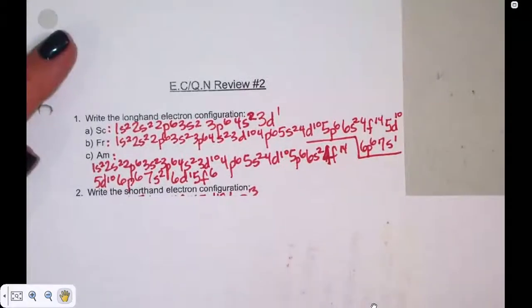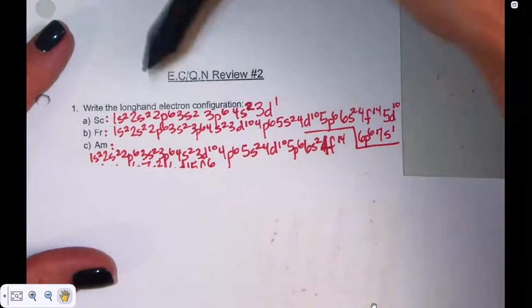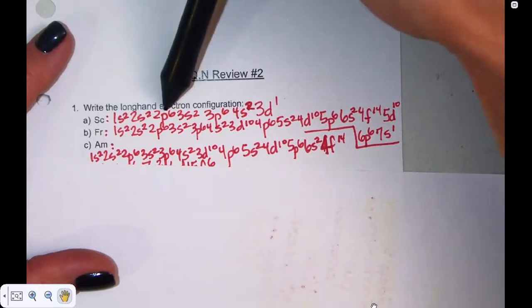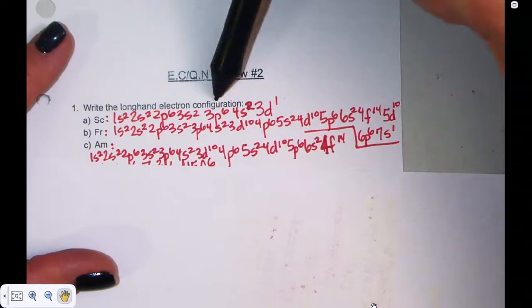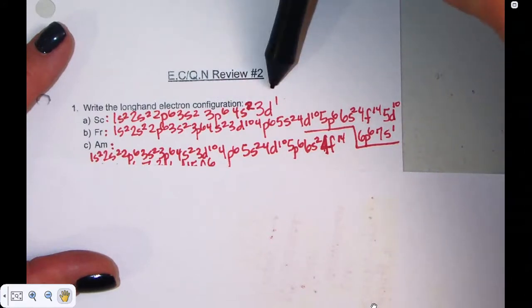Finally, the last part of your homework was the electron configuration quantum numbers review number 2 worksheet. So let's look at that. I'll zoom in on it for you. In number 1, I wanted you to write the longhand electron configuration. For scandium, 1s2, 2s2, 2p6, 3s2, 3p6, 4s2, and 3d1.